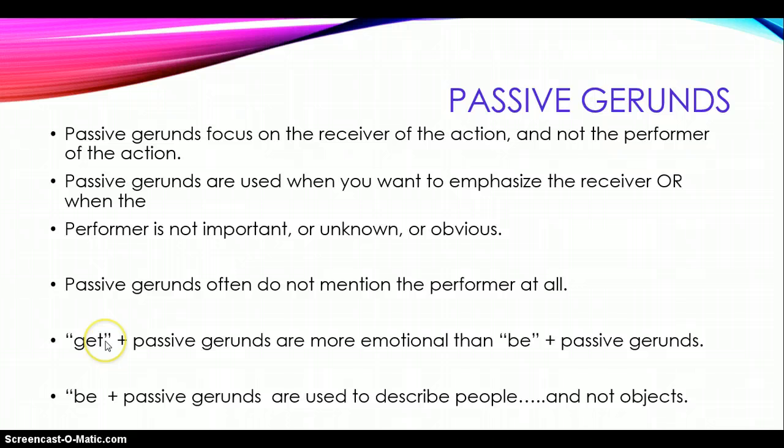Now, the formula for passive gerunds involves get or getting plus the past participle, and these are used when we want to show more emotion. The be or being plus the past participle are used to describe people and not objects. Now let's look at some examples of passive gerunds.